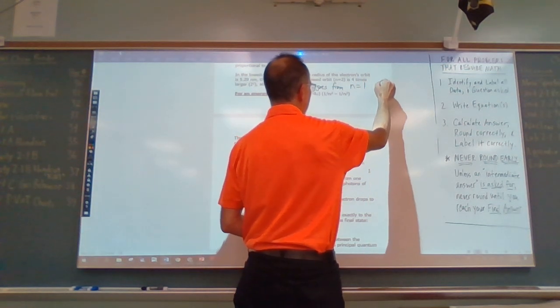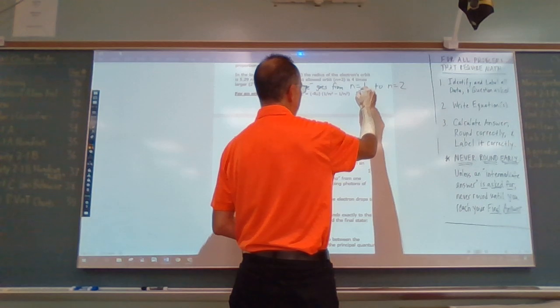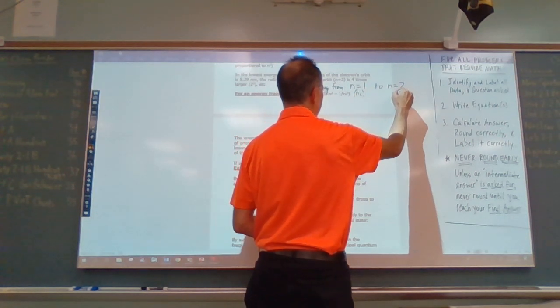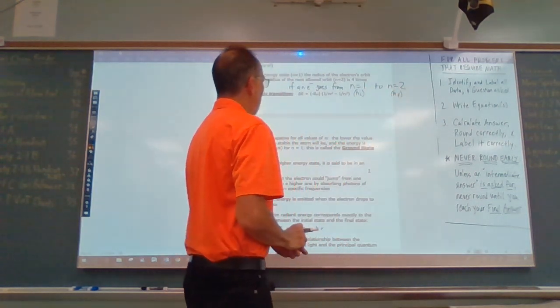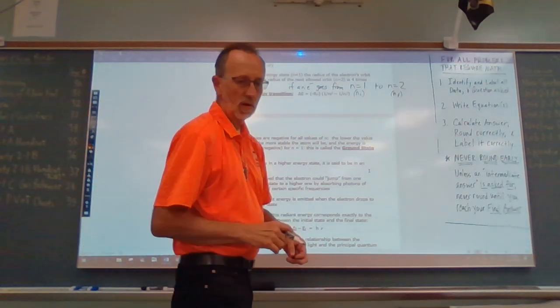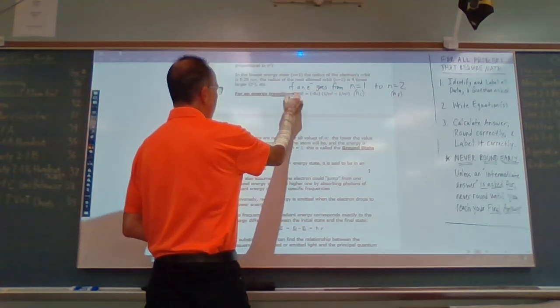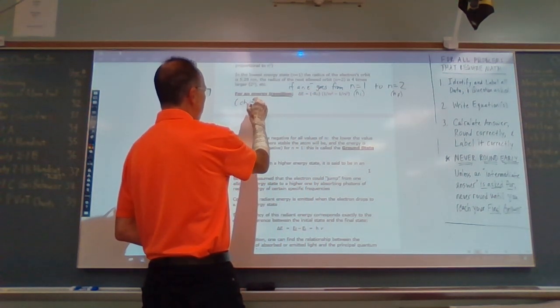So the first energy level to the second. So our first energy level is the initial one. Our second energy level would be the final one. All right, so here's our equation right here. So this is energy transition, meaning changes energy levels.